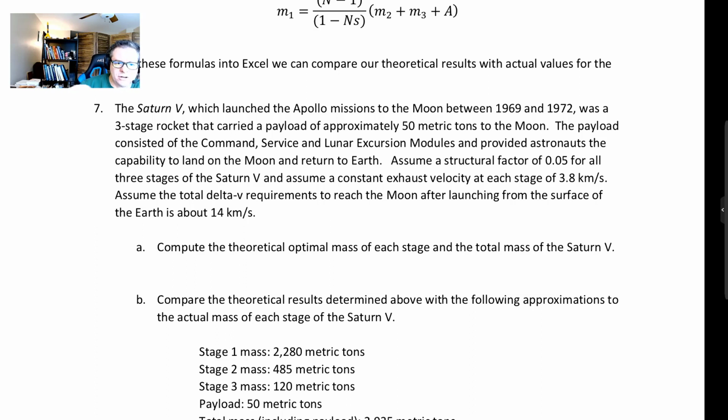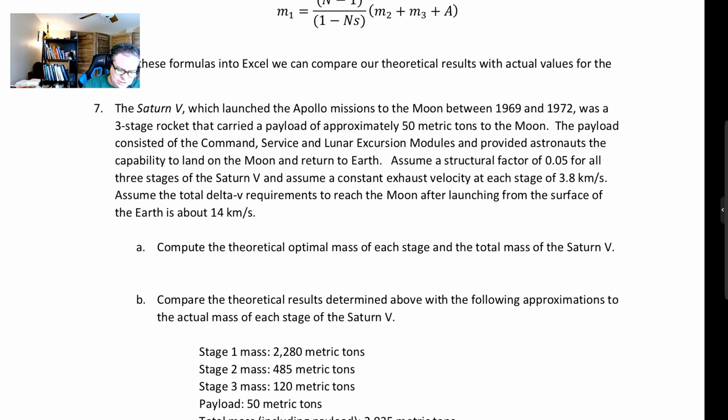So let's assume a structural factor of about 0.05 consistently on all 3 stages, which wasn't in fact the case, but this is a good approximation that gives us a theoretical solution close to the real, practical values. We'll take a relative exhaust velocity of 3.8 on each stage.